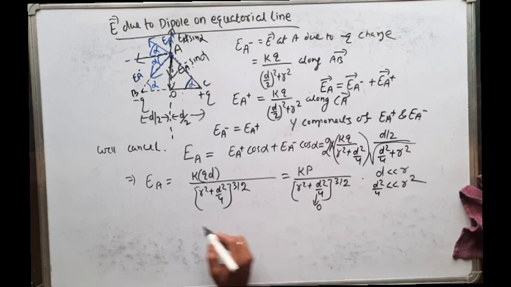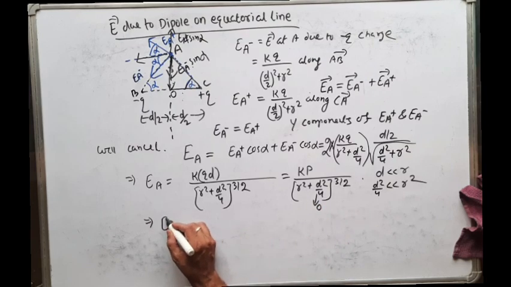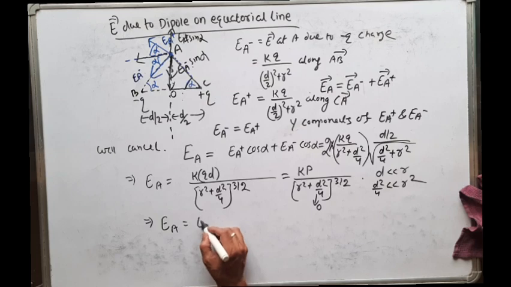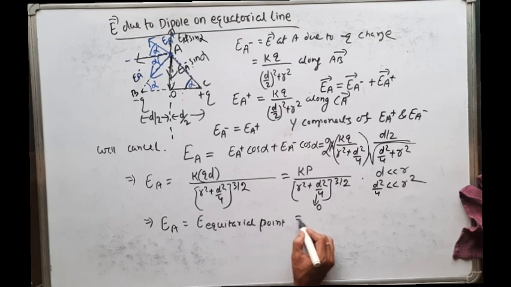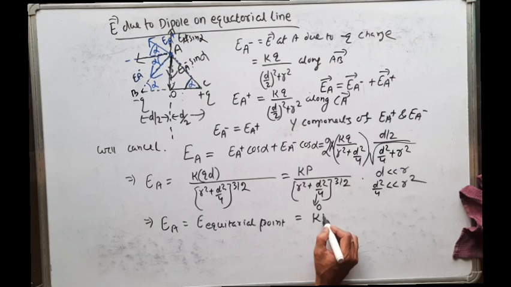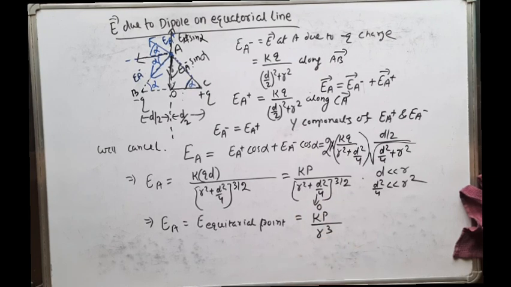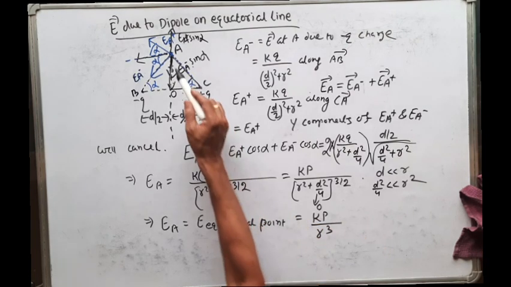The electric field intensity at the equatorial point is equal to Kp by r cube.